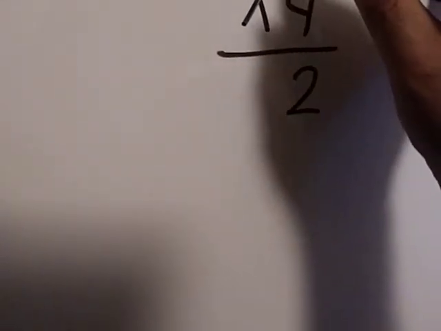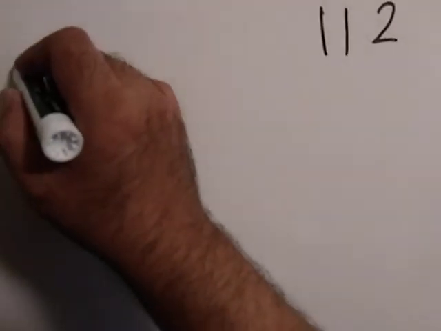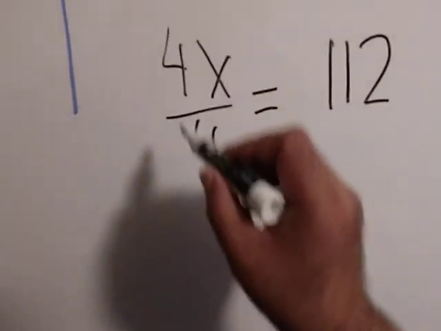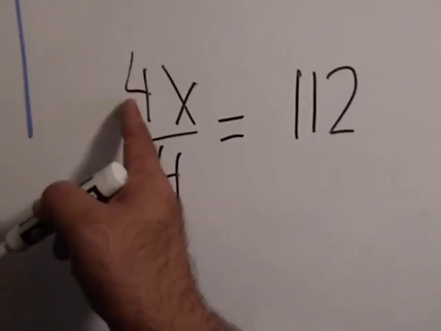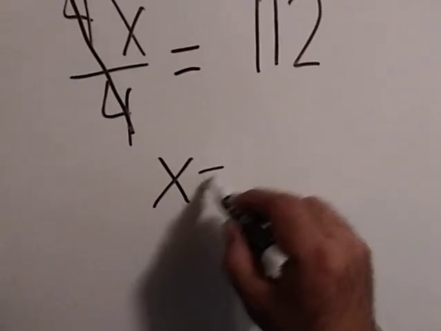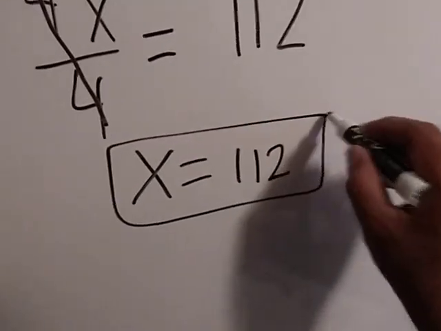We have a 2, we carry a 3. 4 times 2 is 8, plus 3 is 11. So here we have 112. And as we mentioned in the previous example, whenever you have a number over itself, it cancels out. So your answer would be x equals 112. Okay, there we go.